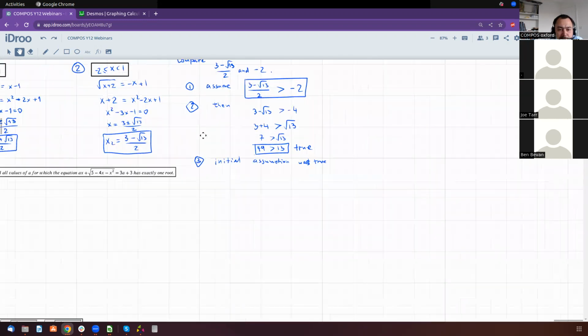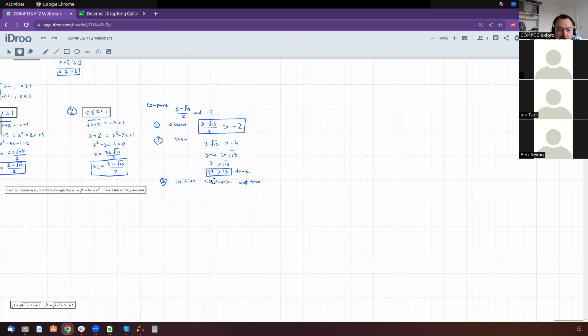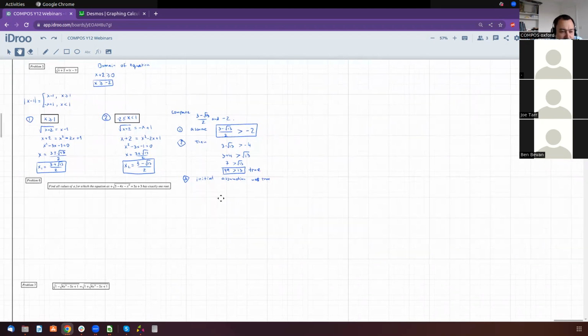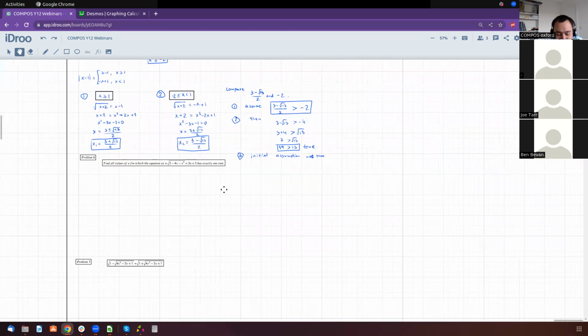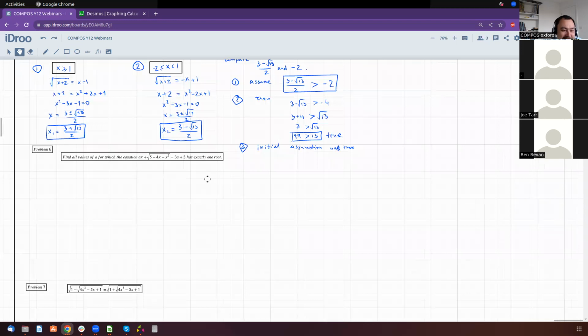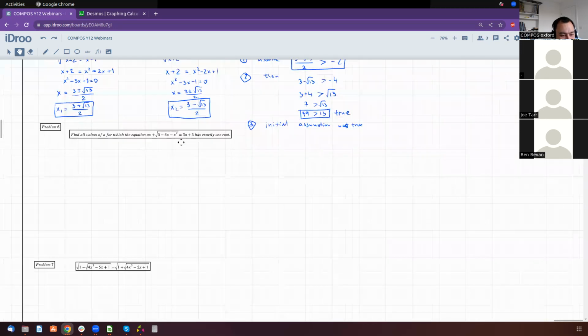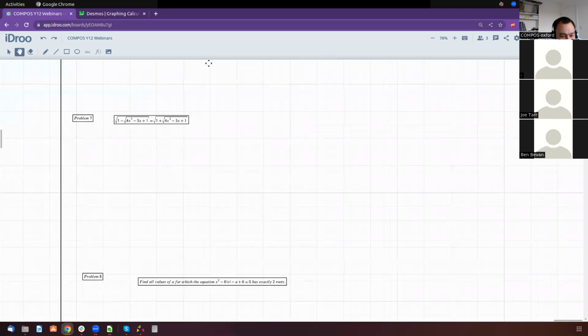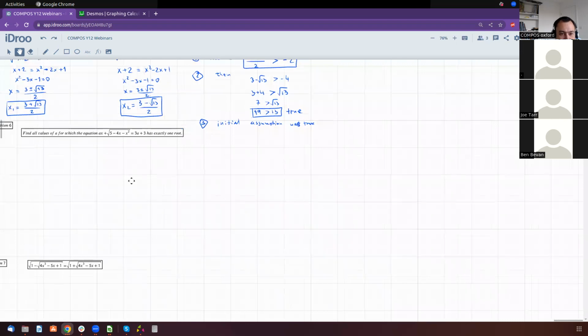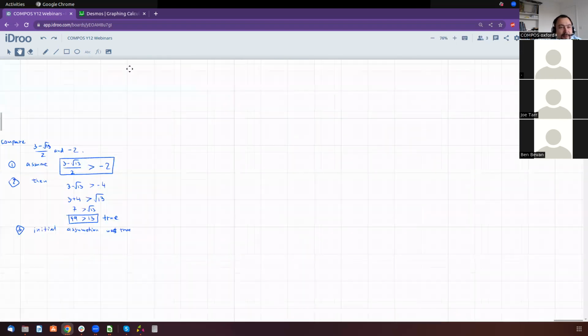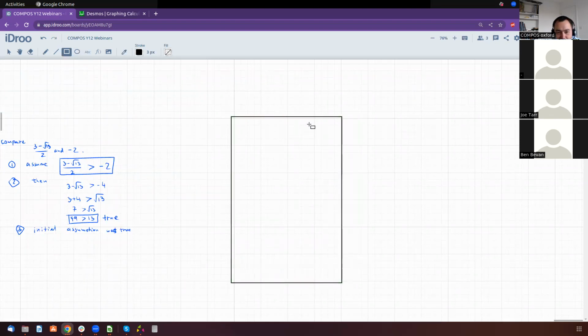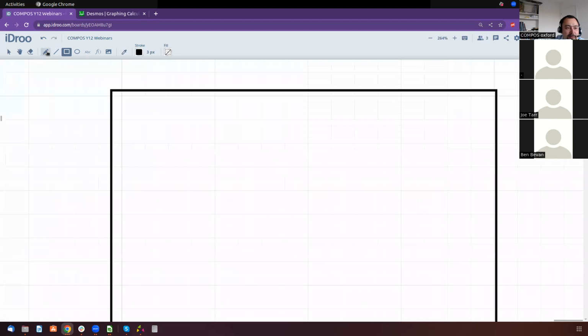Let's look at a separate example. For example, sine x equals x.